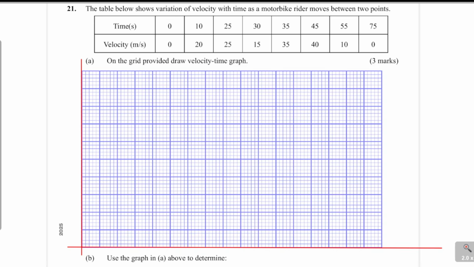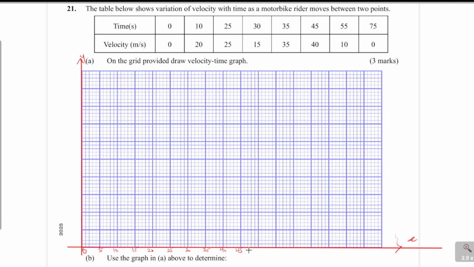So I have 0 here, the y-axis and the x-axis. So 0, 5, 10, 15, 20, 25, 30, 35, 40, 45.